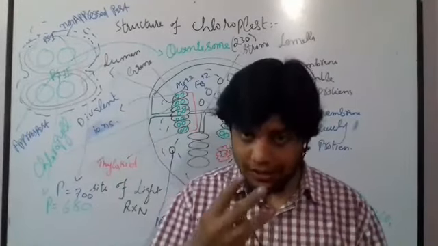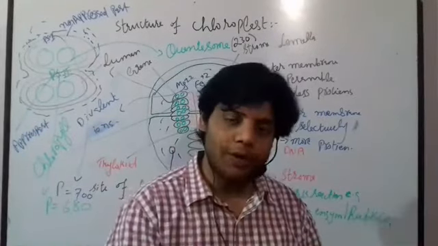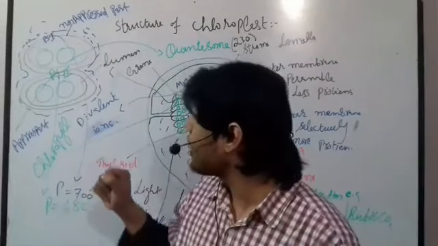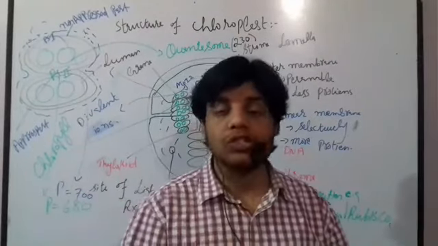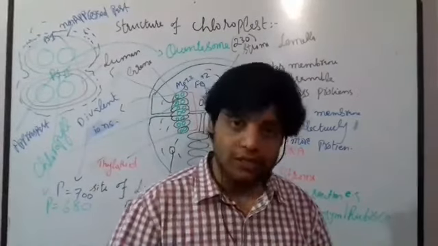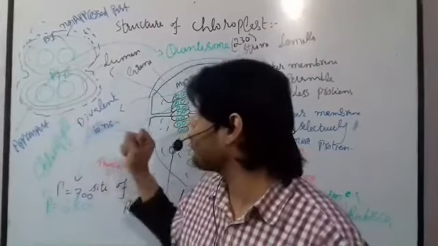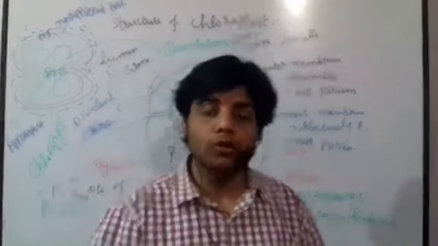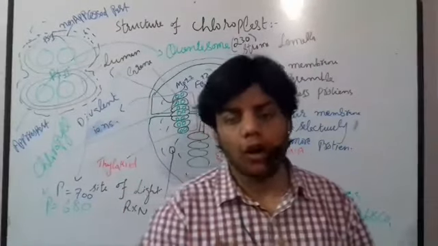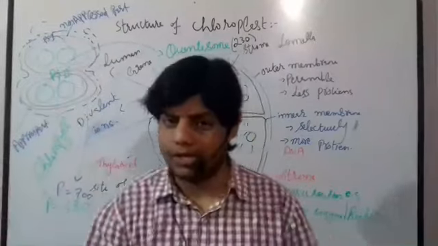With these three things, they perform these processes, and they release oxygen to us, and also ATP, carbohydrates, and NADPH. All these materials are needed for our survival, as well as for the plant's own survival.